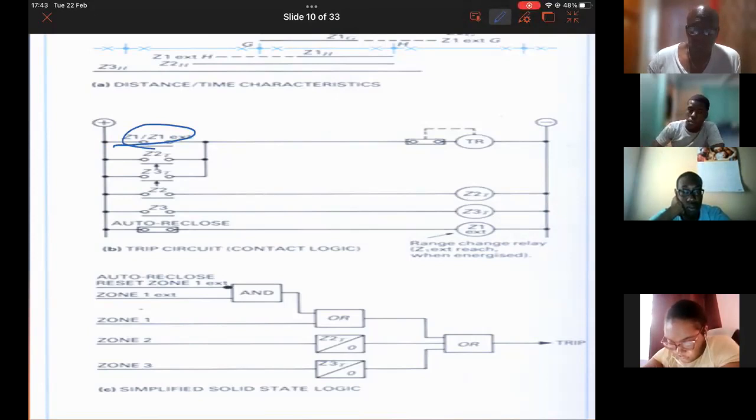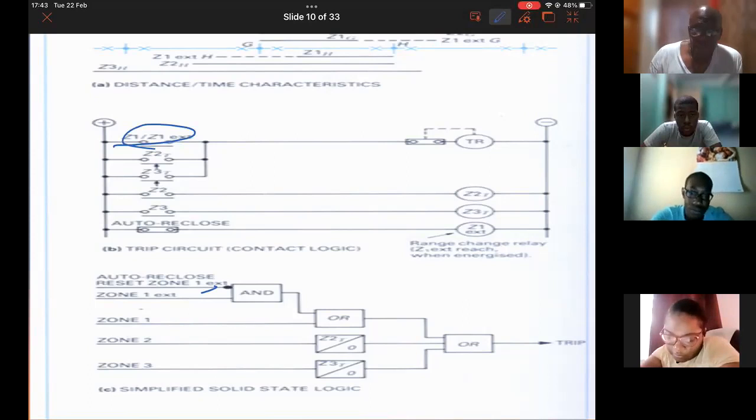And then when you come down here, if there is no signal from the autoreclose, then when you get the Zone 1 and there is no signal, you would have gotten a 1 here because you have a NOT gate here.